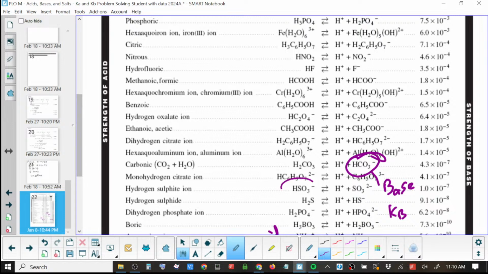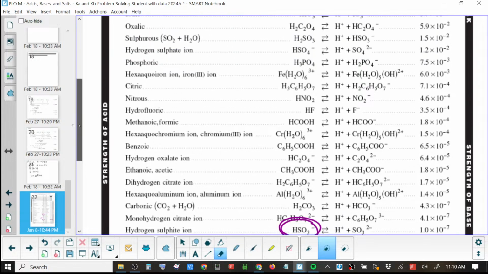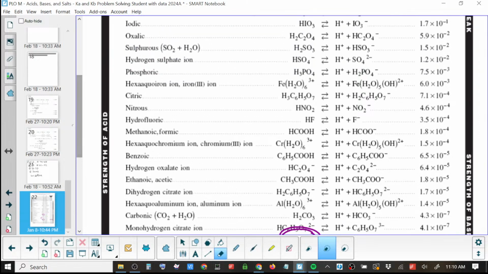There's HSO3 minus. Now that is for one particular equation. Where is it again if it's going to act as a base? Because that's not it acting as a base. It's 1 times 10 to the negative 2.